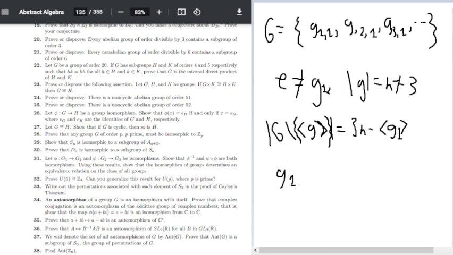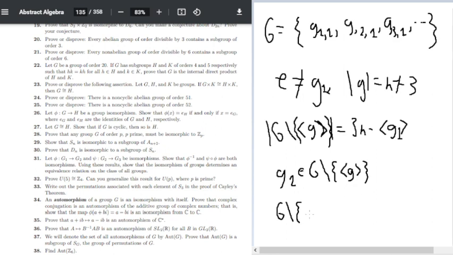Then we take some G2 in G minus the order of G. We'll basically do this operation where we keep cutting up these cyclic groups, and at all times these cyclic groups have to not have order equal to 3.